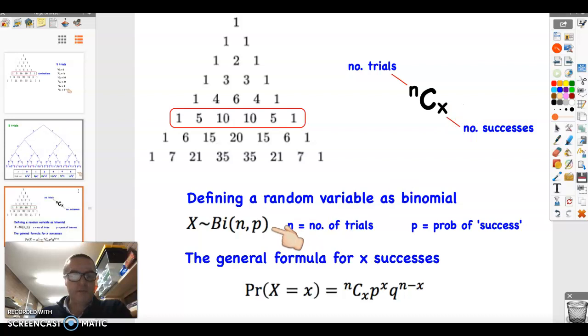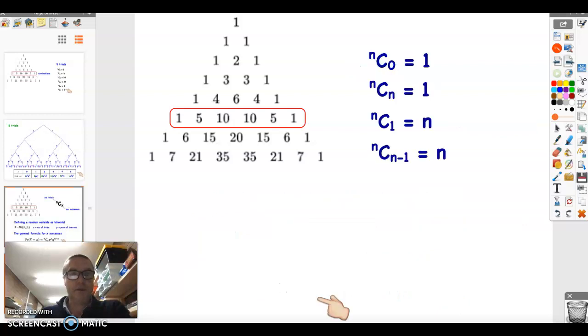Using this notation for a binomial distribution, we now have a general formula for the probability of X successes: NCX, P to the power of X, and Q to the power of N minus X. A few general patterns to remember about combinations, and we might talk about these in class, are true for any value of N.